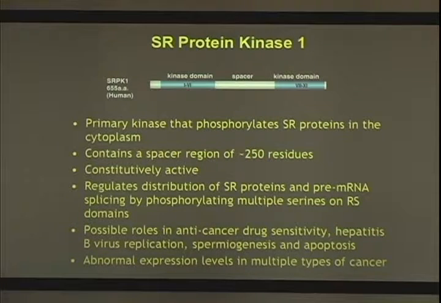Its function is known to be regulating the distribution of the SR protein and pre-mRNA splicing by phosphorylating SR proteins. It also has a role in anti-cancer drug sensitivity, virus replication, and apoptosis.